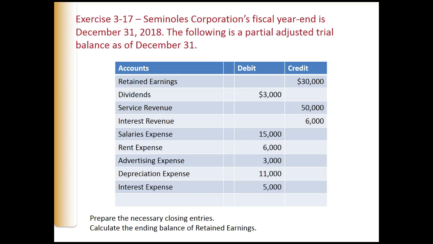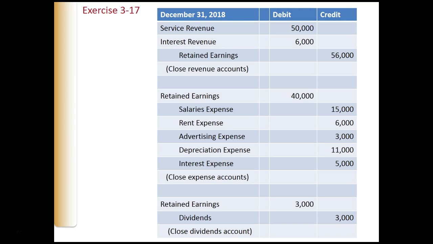So we see here retained earnings, and then we see temporary accounts: dividends, revenues, and expenses. We are required to prepare the closing entries to close out these temporary accounts, and then our job is to calculate the ending balance of retained earnings.